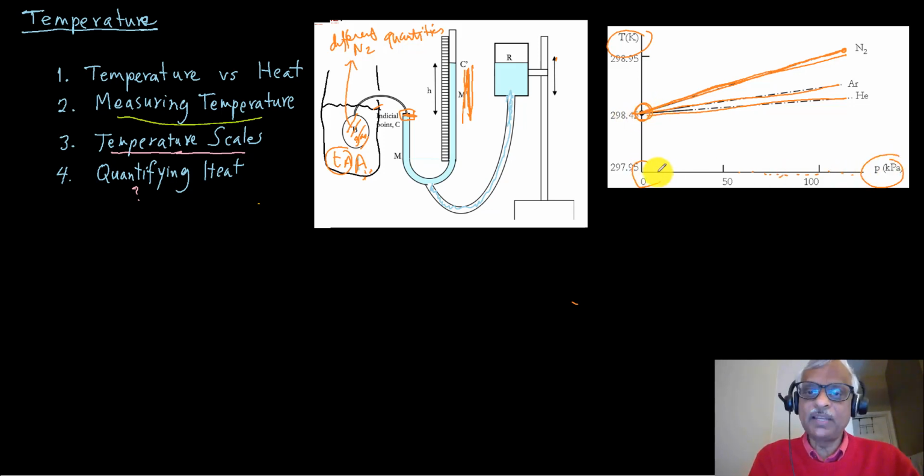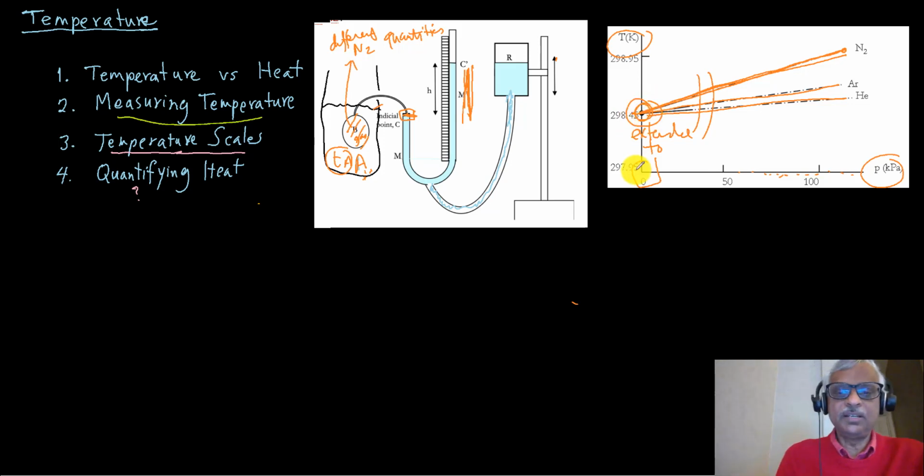Meaning, from here you can extend it, because at zero pressure you won't see anything. So this is extended to almost empty, which means the gas becomes an ideal gas, a low density gas becomes an ideal gas. An ideal gas gives you a unique temperature value. So we have a temperature scale based on the ideal gas.